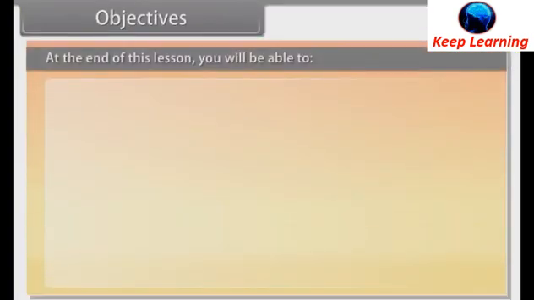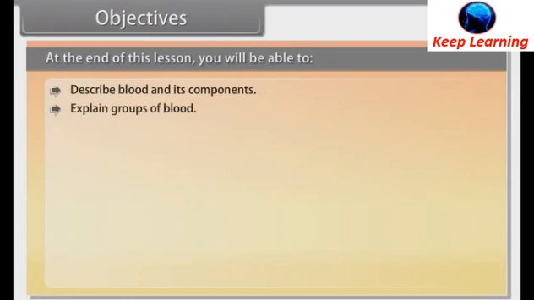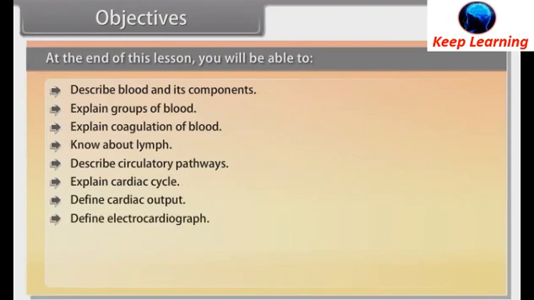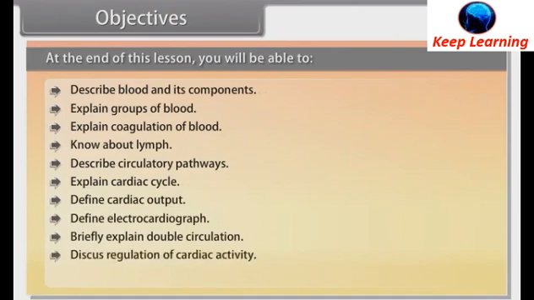At the end of this lesson, you will be able to describe blood and its components, explain groups of blood, explain coagulation of blood, know about lymph, describe circulatory pathways, explain cardiac cycle, define cardiac output, define electrocardiogram, briefly explain double circulation, discuss regulation of cardiac activity, and discuss disorders of the circulatory system.